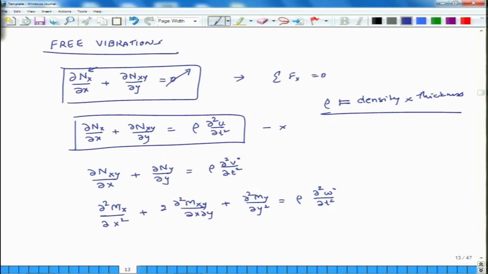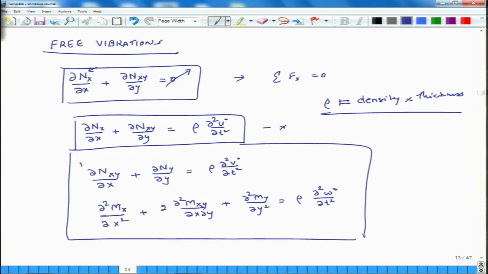All these are mid plane displacements. So, these are the modified equations which have to be considered when we are talking about dynamic equilibrium of the plate.